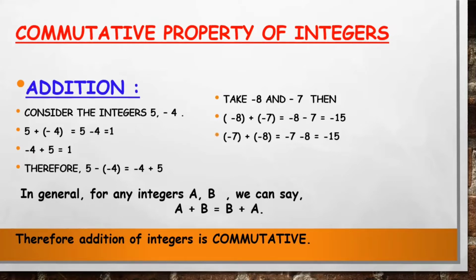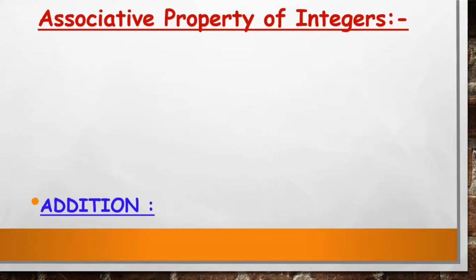Now I reverse the order, that is -7 first and -8 second, but still my answer is the same. So the same conclusion holds: if you add the integers the a plus b way, or reverse it, the answer is not going to change. So we can say the commutative property for integers is satisfied, or we can say addition of integers is commutative.